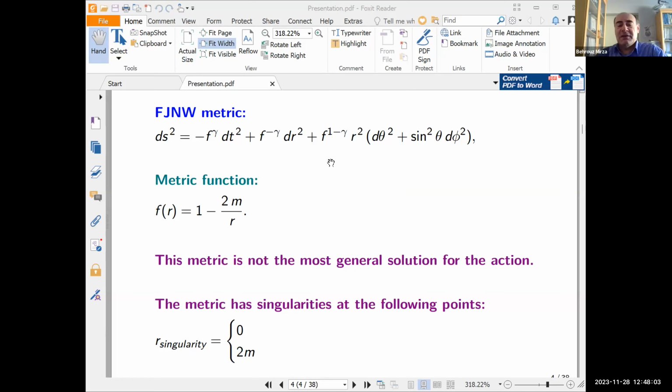One question that people were thinking about was a rotating solution of this JNW metric. How can we find a rotating solution for the JNW metric? One standard method is the Janis-Newman algorithm.